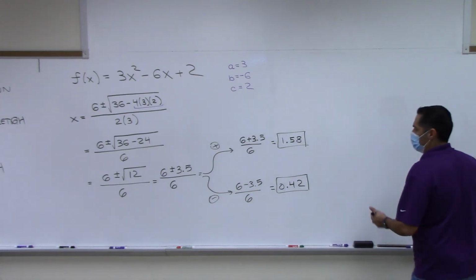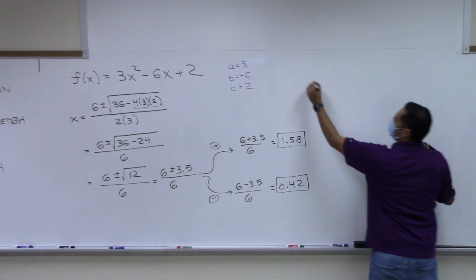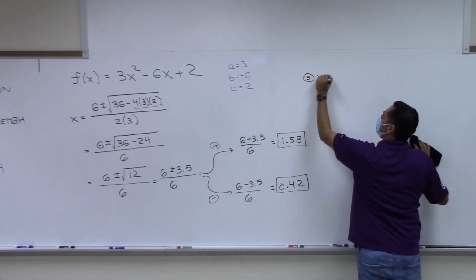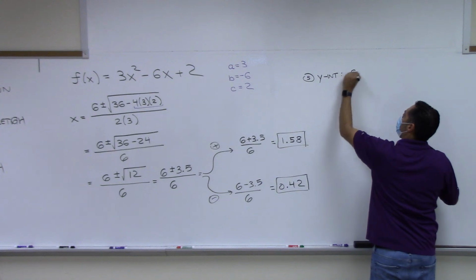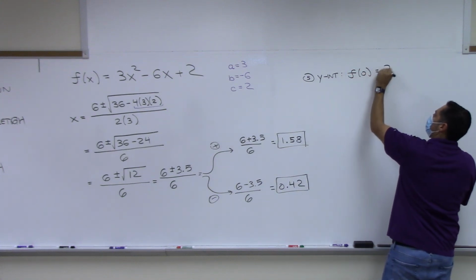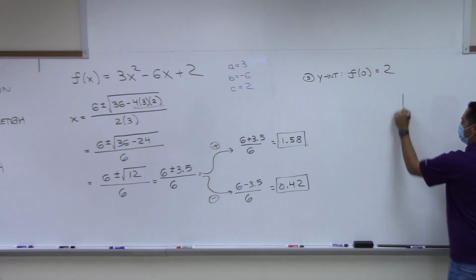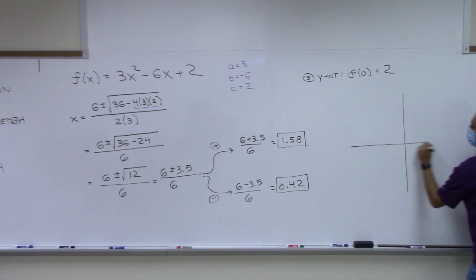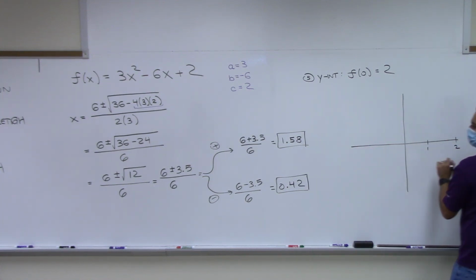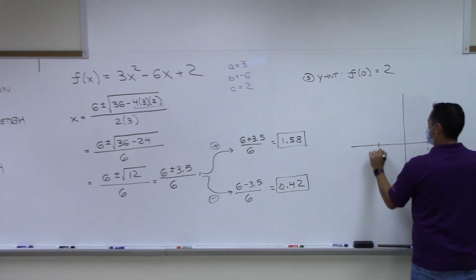So let me see here. My step 5 is a y-intercept, which is f of 0, which winds up giving you the 2. And then I only need to go out maybe 2 in each direction.